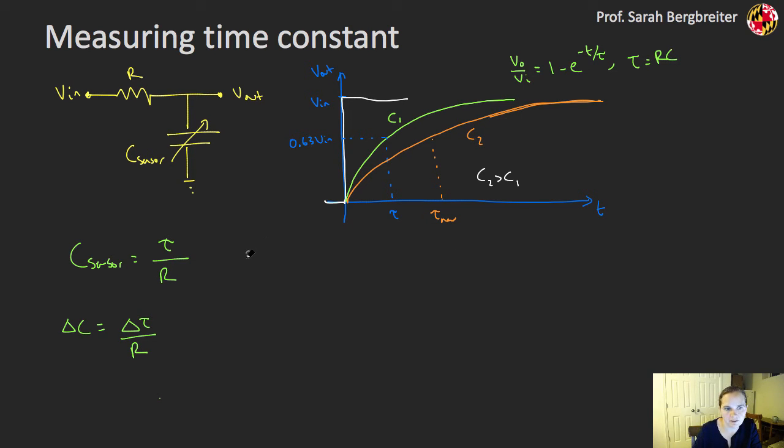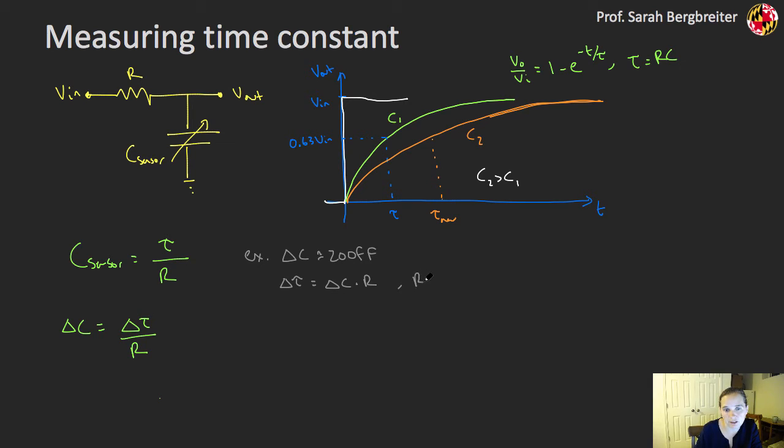Now if I'm trying to get a sense as to how well this works, if I have a change in capacitance on the order of 200 femtofarads, like I had in my last example, or 2 times 10 to the minus 13 farads, then my change in tau that I'd have to be able to measure would be equivalent to that delta C times some resistance.